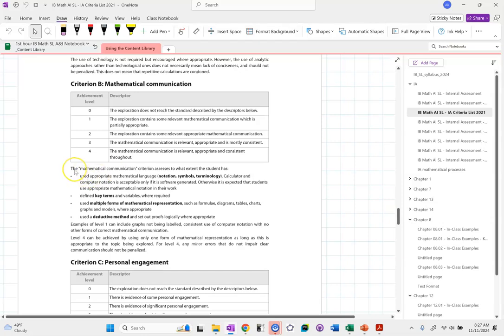So, what they mean by mathematical communication is that you have used appropriate mathematical language. That means notation, symbols, terminology. Calculator and computer notation is acceptable only if it is software generated, so none of that for us. Otherwise, it is expected that students use appropriate mathematical notation in their work.